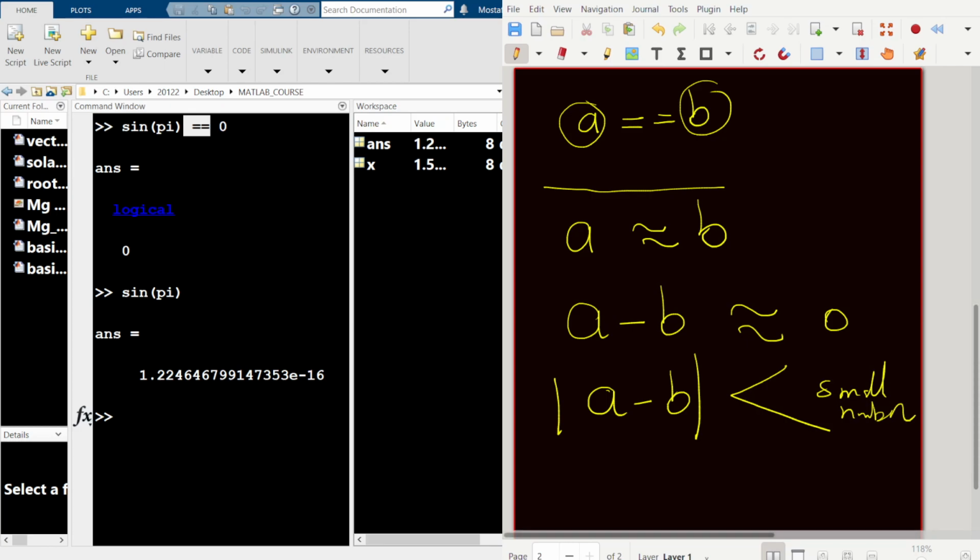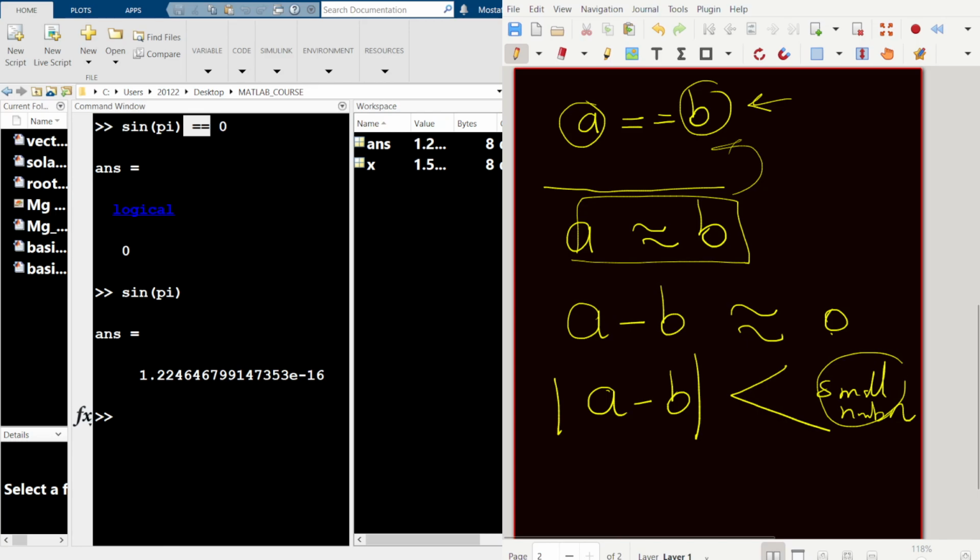Because if the absolute value of the difference between A and B is a very, very small number, that automatically means that A minus B approximately equals 0, which means that A is approximately B. That's the best you can do with real numbers. So for real numbers, you cannot check exact equality. Instead, you can check that the difference between the numbers is smaller than some small number.